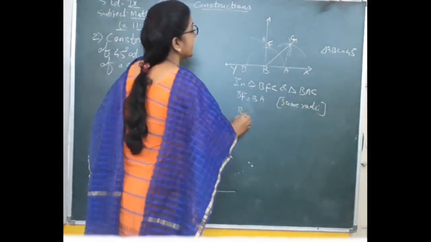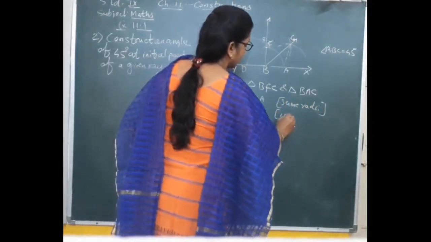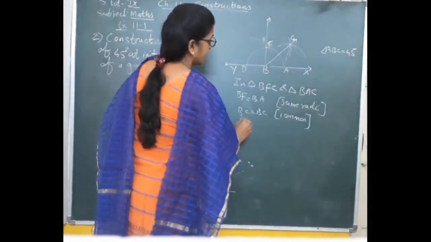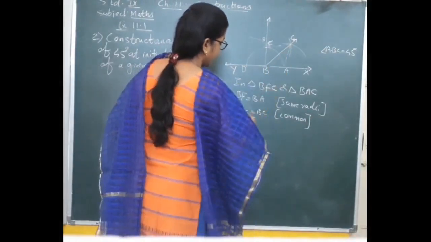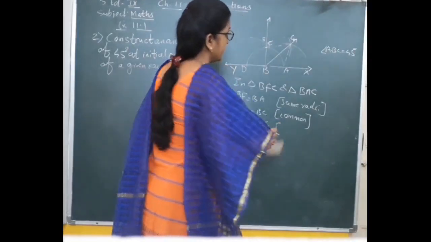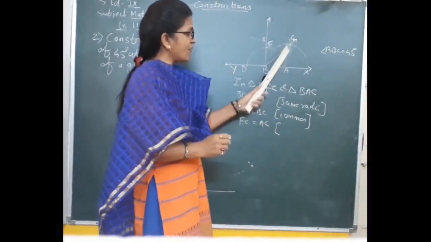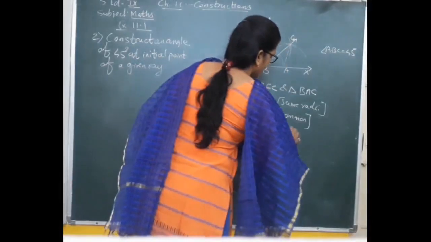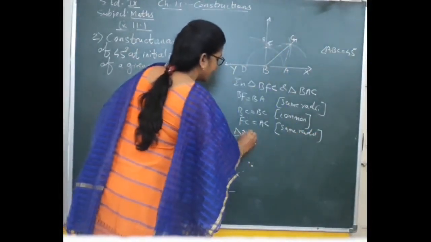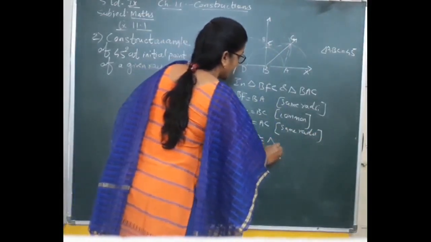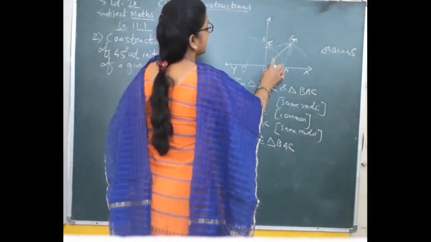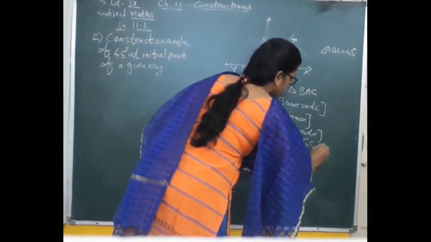Now BC is equal to BC, common, and FC is equal to AC. Again, these are arcs of same radius. Therefore, triangle BFC is congruent to triangle BAC by the SSS theorem.